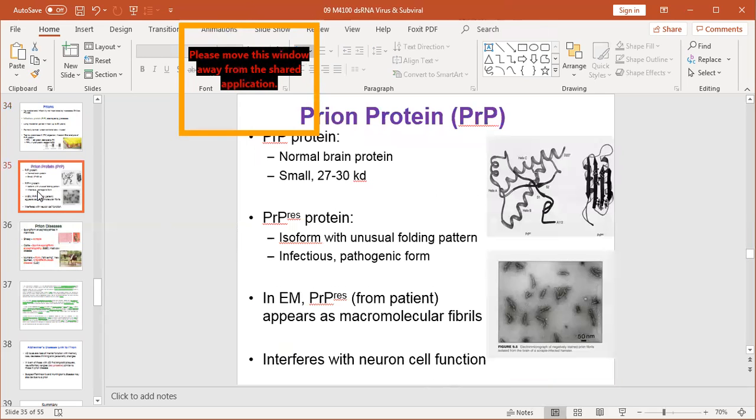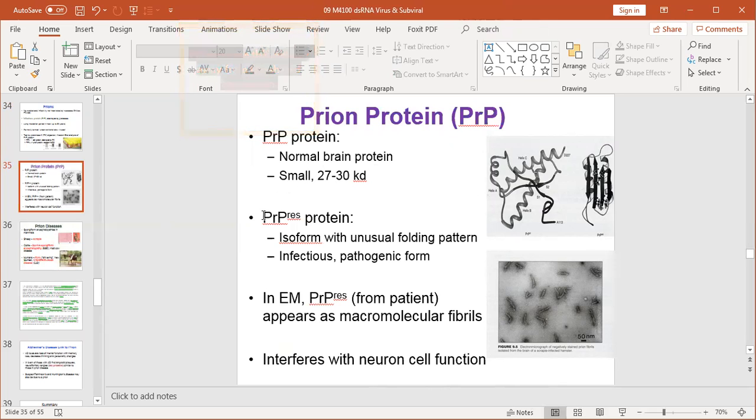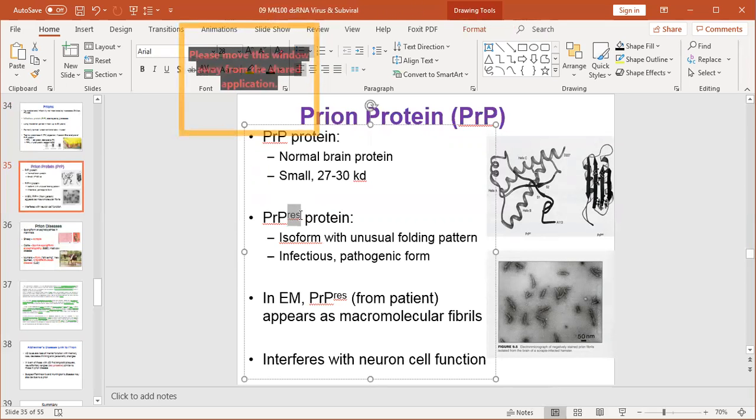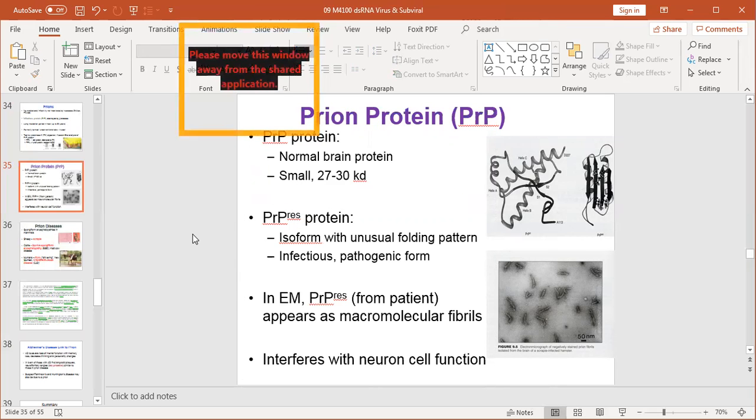So let's talk a little bit about this prion protein. We have two types of proteins. One type is the normal brain protein, a small protein of 27 to 30 kilodaltons. But then we have a protein that is resistant to the enzyme proteinase K. This proteinase K resistant protein is basically an isoform of the normal brain protein.